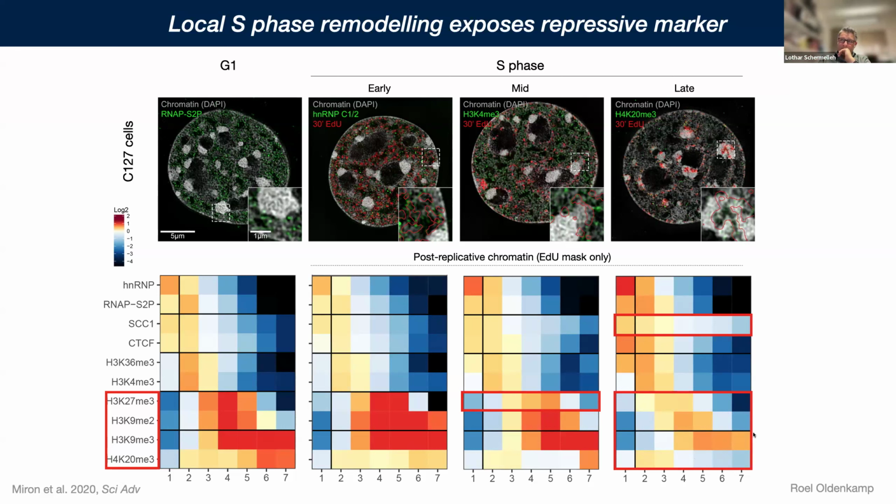That is a strong indicator of DNA replication being a massive force to break up these domain features, at least for a short time, and provide access to otherwise non-accessible areas.